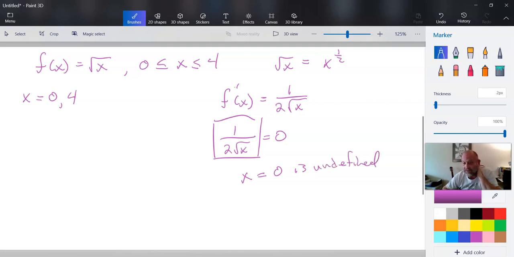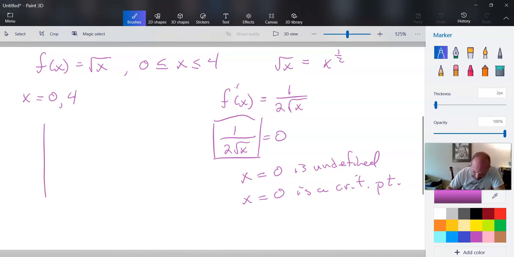Now, if x equals 0 is undefined, that makes it a critical point also. So x equals 0 is a critical point. It's already on our list. Okay, looks like we just have two things to check now.